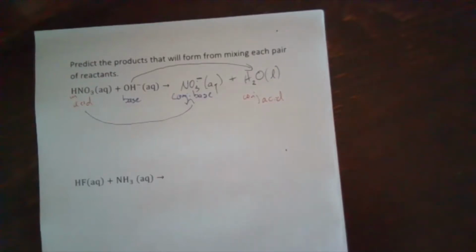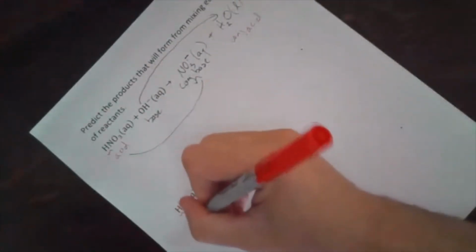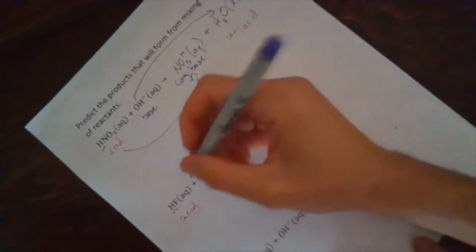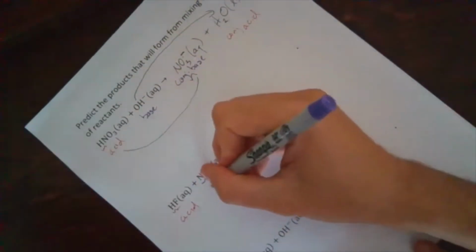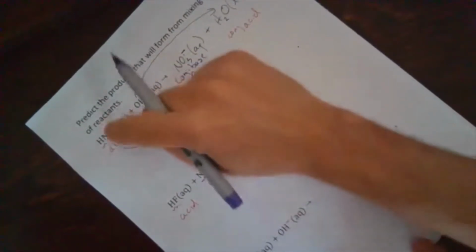So we can continue. HF aqueous plus NH3 aqueous becomes what? When we're looking for these things, an H in the front is usually a good sign of the thing being an acid. A nitrogen in the molecule tends to be a good sign of being a base, especially when it's written in the front like that and there are hydrogens.